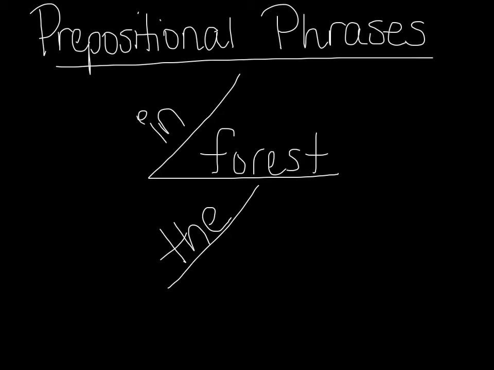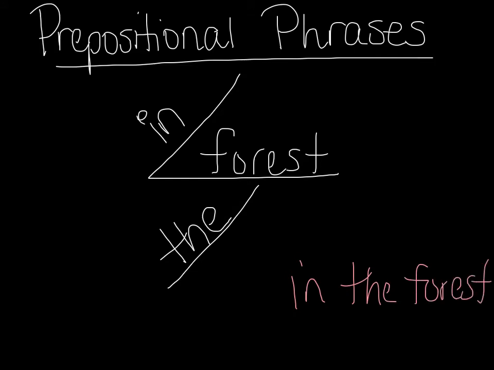Before we diagram a sentence with a prepositional phrase, let's review how to diagram just the prepositional phrase piece of it. So here you've got a piece of a diagrammed sentence, just the prepositional phrase. And the phrase is, in the forest. So in our sentence, it looks like this, in the forest.